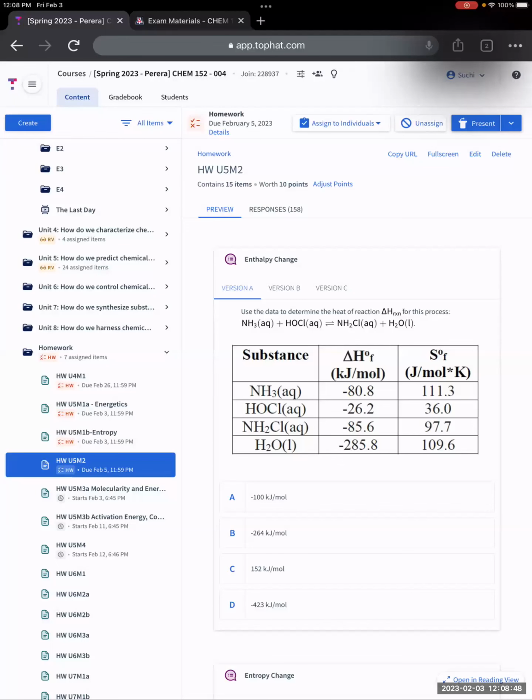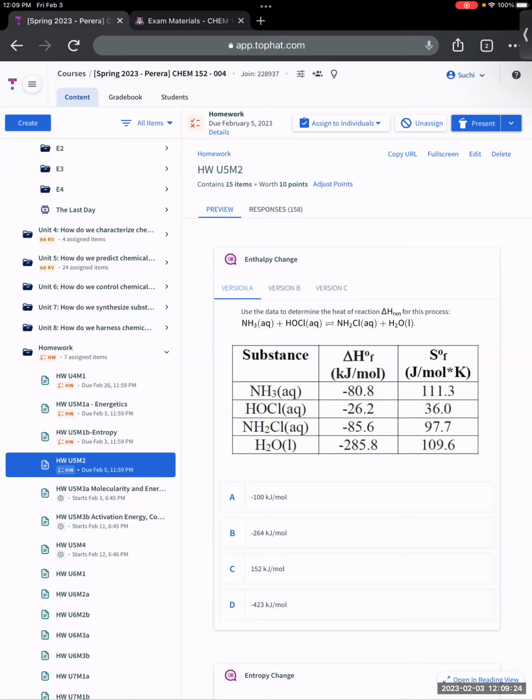All right, so let's do some calculations with standard enthalpy of formation and then standard entropy values to calculate the change in enthalpy of a reaction and then the change in entropy of a reaction, and also together with those two, we can calculate the standard change in Gibbs energy for that reaction, which ultimately we can use to calculate the equilibrium constant or the reaction extent for that reaction.